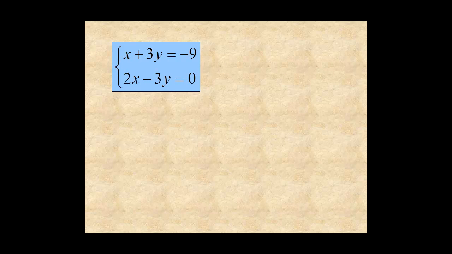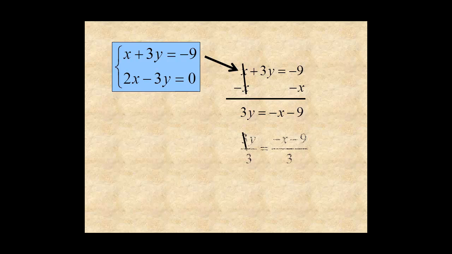To solve the system by graphing, begin by converting the first equation to slope-intercept form. Subtract x from both sides for 3y = -x - 9. Then divide both sides by 3. -x over 3 gives -1/3 x, and -9 over 3 gives -3.